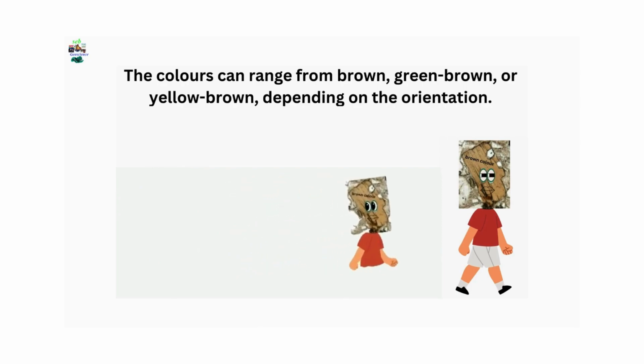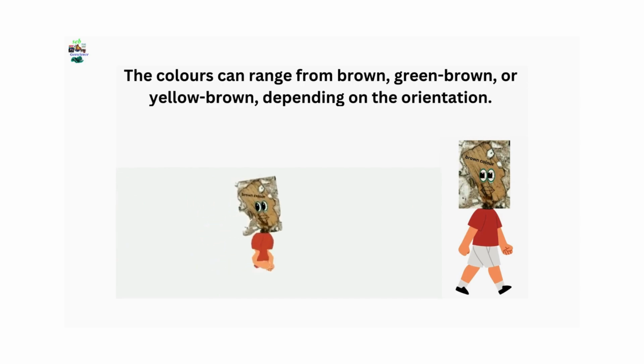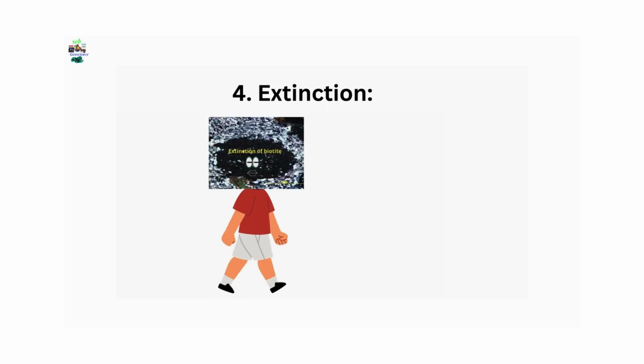When the microscope is adjusted to plane polarized light, that means the analyzer is out. During that time, the mineral biotite shows brown color. Okay, another optical property of biotite is extinction.